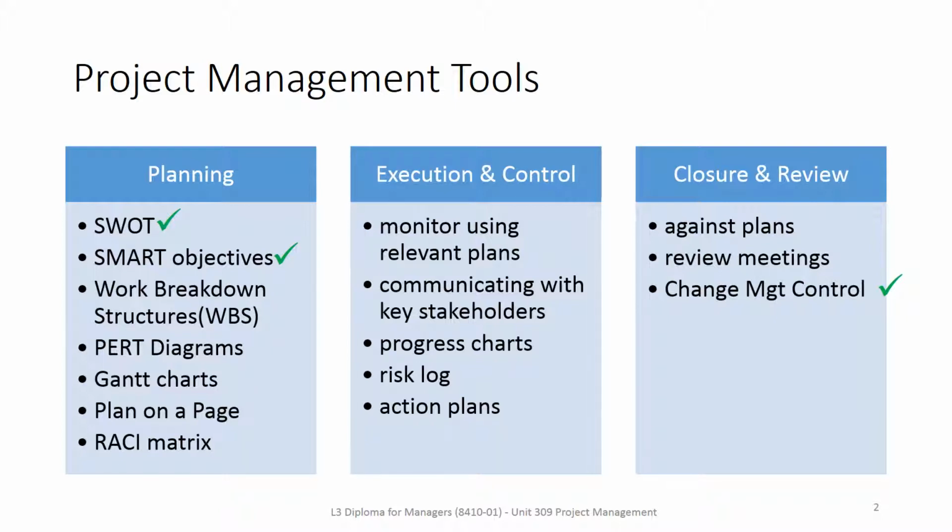And those things are the same whether it's for a project or for operational management. You're still monitoring those things in the process. So we're not going to focus on those. We'll focus on the others, such as work breakdown structures, PERT diagrams, Gantt charts, plan on a page, etc. as we go through. So let's have a look at some of those tools in a bit more detail.